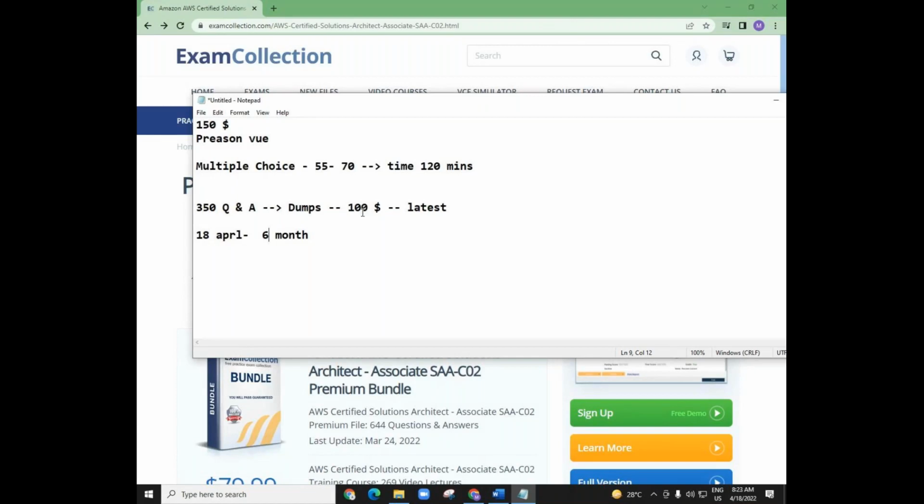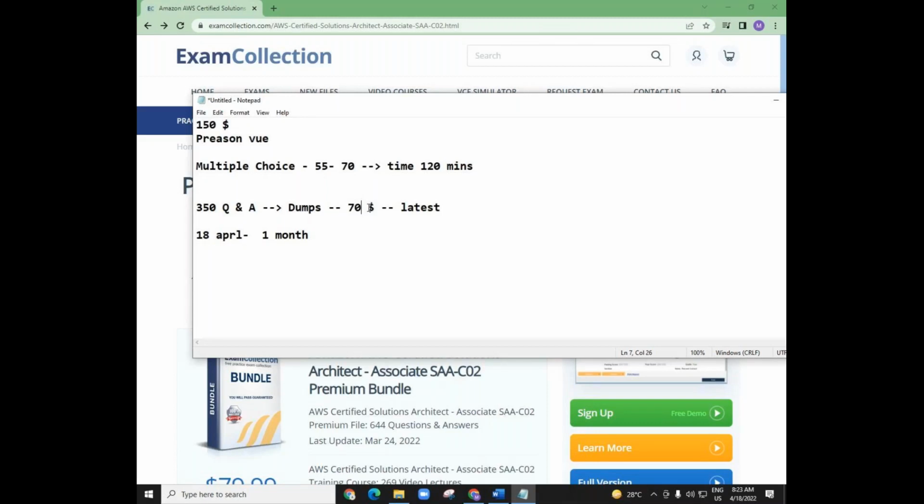But this 1 month is more than enough for us to write any exam. It is not difficult to remember 300, 400 multiple choice questions with their answers. So just take the dumps, and within 15-20 days you can easily attempt your exam. And in 99.999% of cases, the questions will come from the dumps.